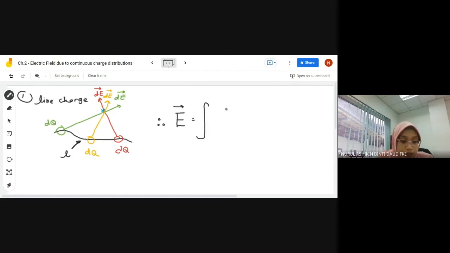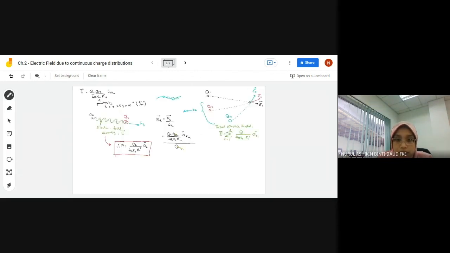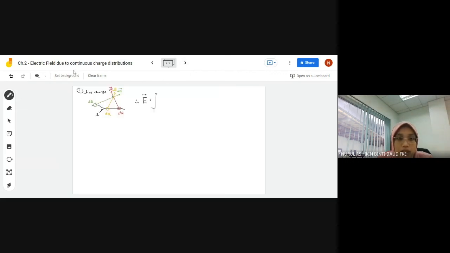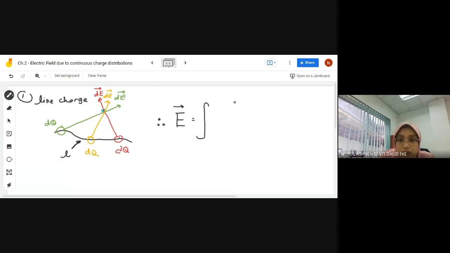The formula is the same as the point charge one, but instead of q we use dq: dq over 4 pi epsilon naught r squared, times a_R hat.